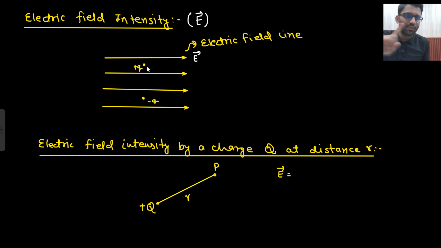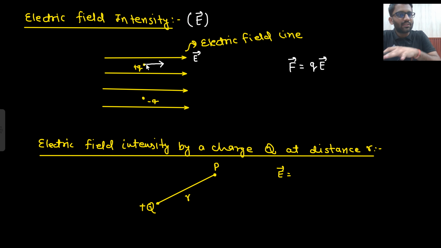So this charge Q will feel a force, and that will be in the direction of the electric field. The force is given by Q into E. I hope you must have studied it. If you haven't, then you can remember. In the presence of electric field lines, if you put a charge plus Q, it will feel a force in the direction of the electric field lines.